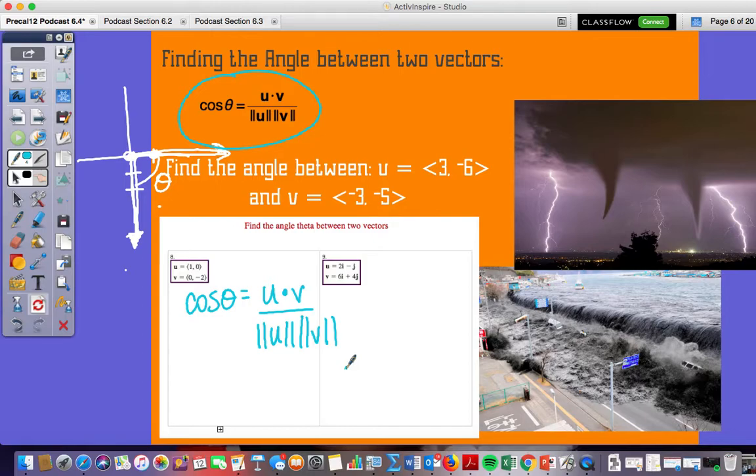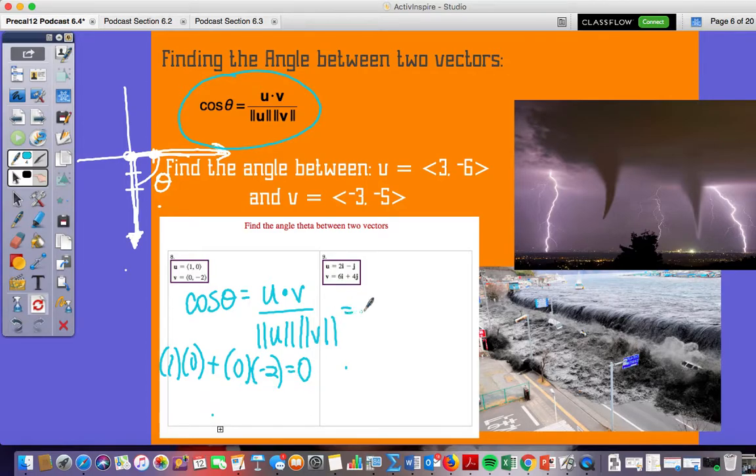So if I were to look at the dot product of this, we would multiply what times what? 1 times 0 plus 0 times -2, which would be ultimately 0, right? Y'all follow that?